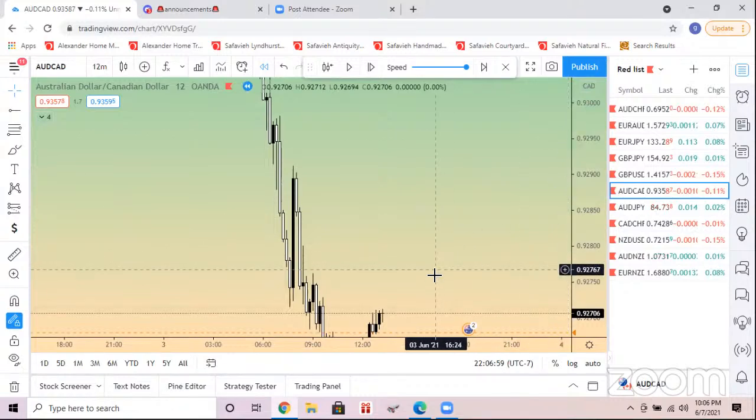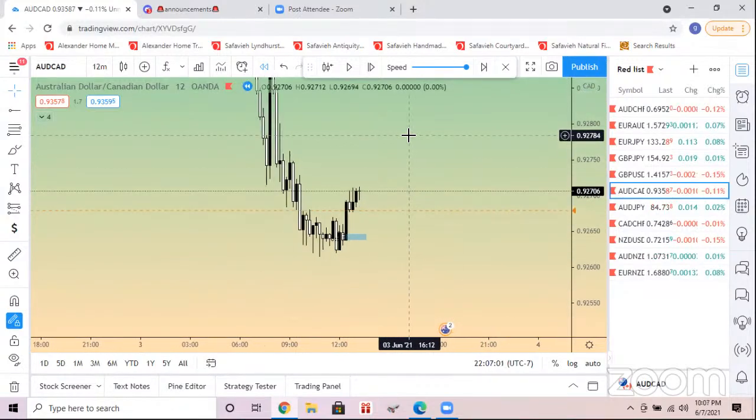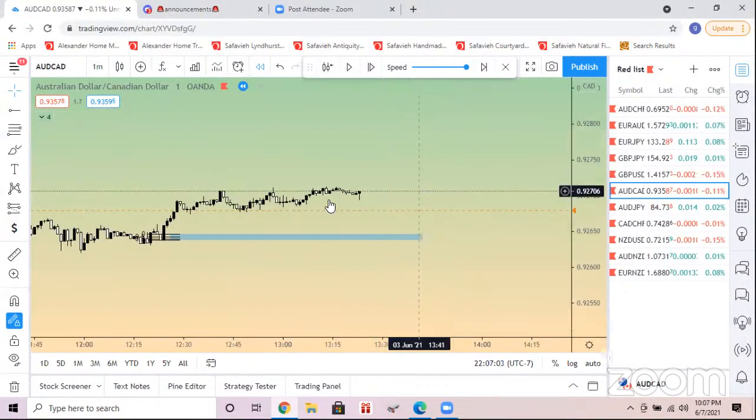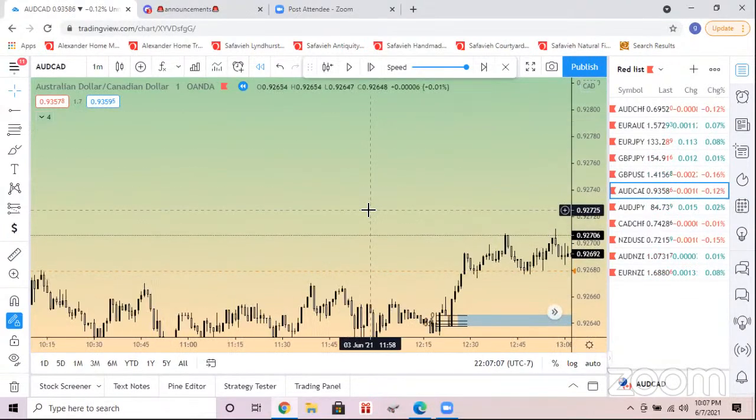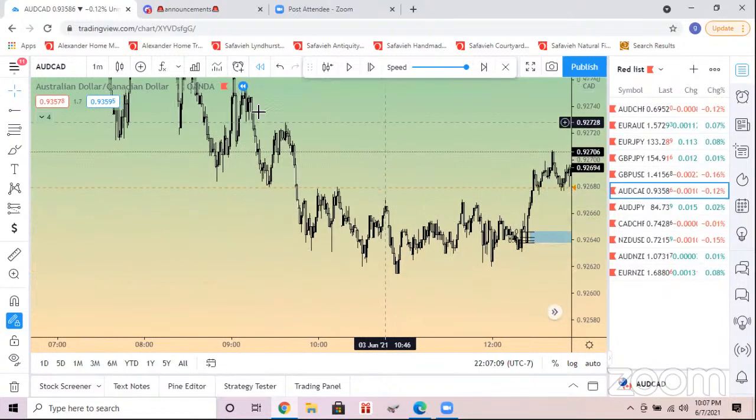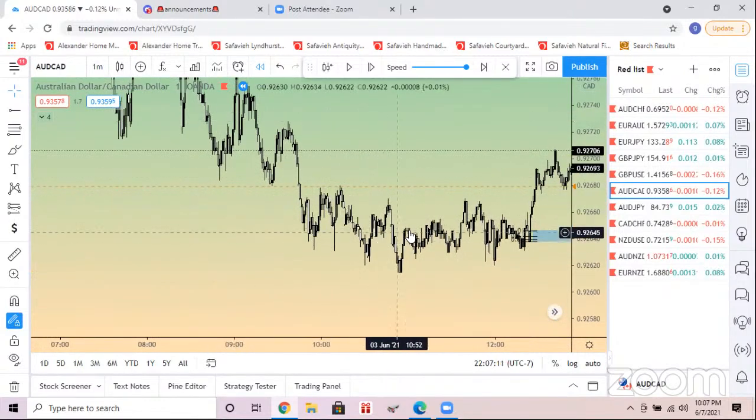So there was an accumulation in here. Got a type 4 into our spring here, and then we got a type 3.